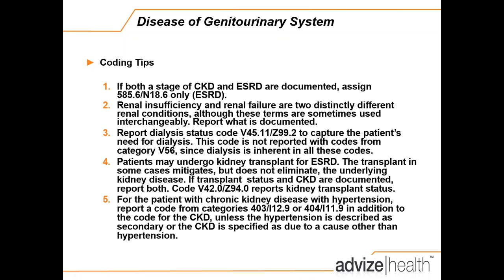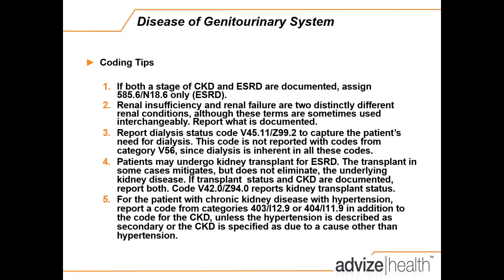This code is not reported with codes from category B56. Since dialysis is inherent to all these codes, patients may undergo kidney transplants for ESRD. The transplant, in some cases, mitigates but does not eliminate the underlying kidney disease.